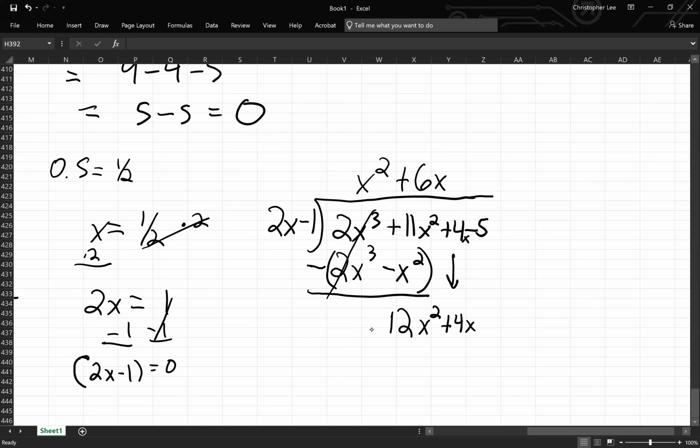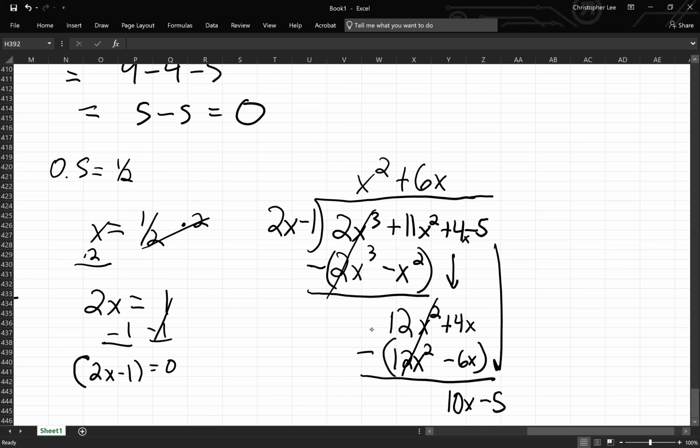Now 6x times 2x will give me a 12x squared, and 6x times -1 will give me a negative 6x. Again, this is a polynomial, so make sure we subtract. So 12x squared minus 12x squared, that cancels out. 4 minus negative 6x, this is going to be a positive 10x. Bring down that negative 5. Now 2x goes into 10x positive 5 times, right?